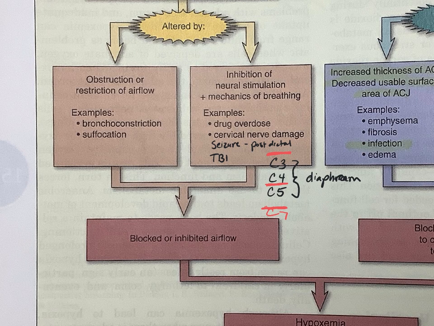Absolutely. So we're going to need to worry about ventilation and how good that ventilation is going to be. And could they have gas exchange problems because of it? Absolutely. And so that's a way to think about it. Could be a nervous problem. It could be a mechanics problem, or it could be a little bit of both, depending upon what happens.